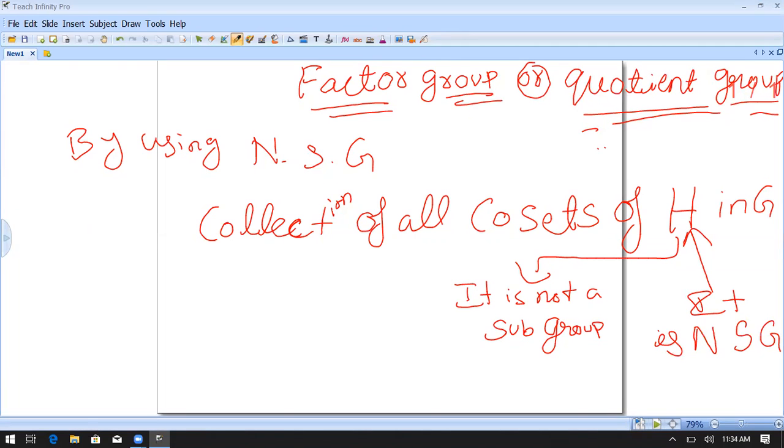By this H, the normal subgroup, we get the cosets.